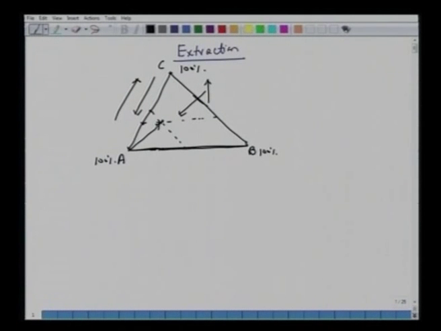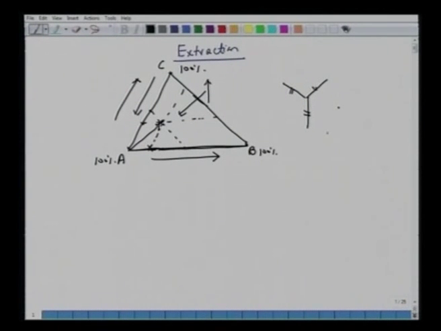Similarly, if you want to find out how much B is in these components, of course 100 minus C and A will give you this. But at the same time, if you read the line which is parallel to this AC, then whatever reading you have will represent the amount of B, the weight fraction. So B increases in this direction, and all this is because of the rule of this equilateral triangle, that the summation of the three perpendiculars on the three sides is a constant.